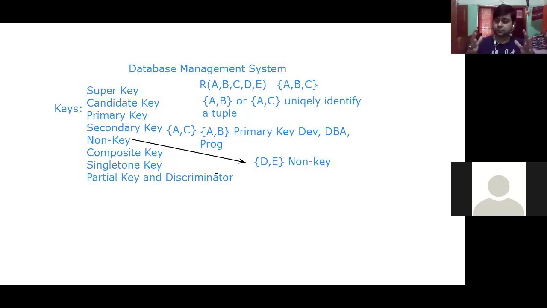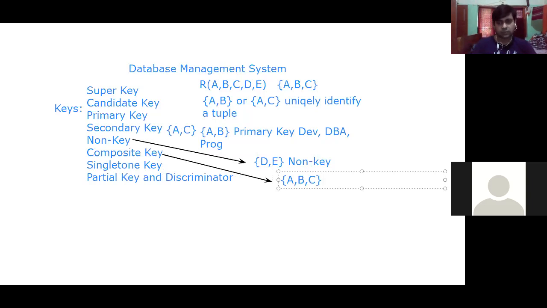Composite means a key that comes with a lot of attributes. At least more than one attribute must be there, then it is called a composite key. So an example of composite key is, let's say, the super key itself, A comma B comma C.